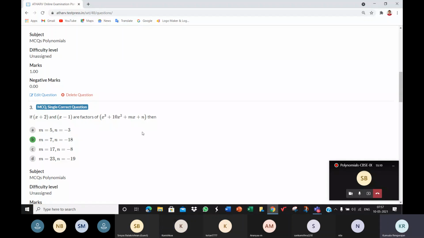X plus 2. No, that's not the answer. If I call this polynomial p of x, what will be the value of p of minus 2? Minus 30, n minus 2m equal to minus 32. No, a simpler answer. I just want a very simple answer.